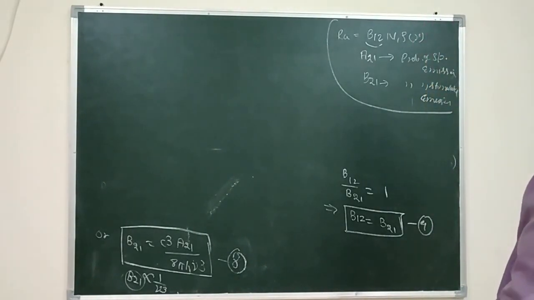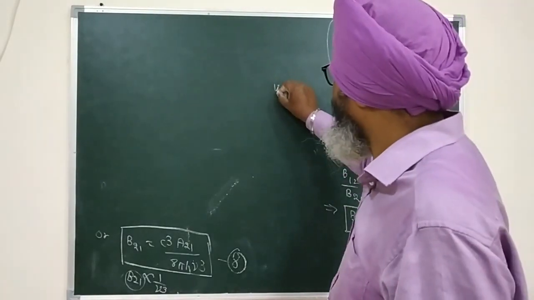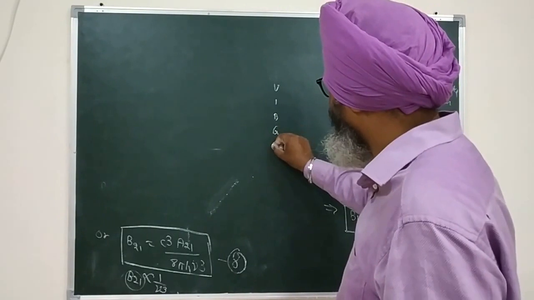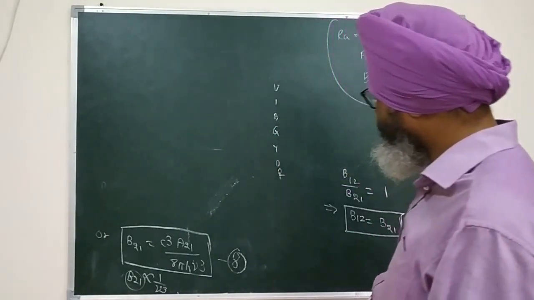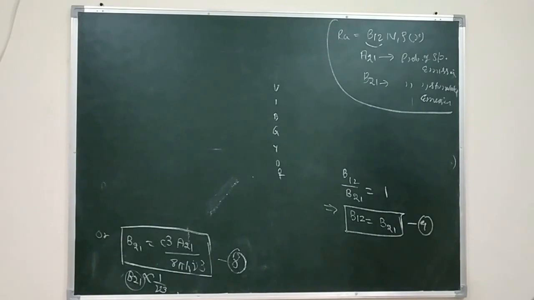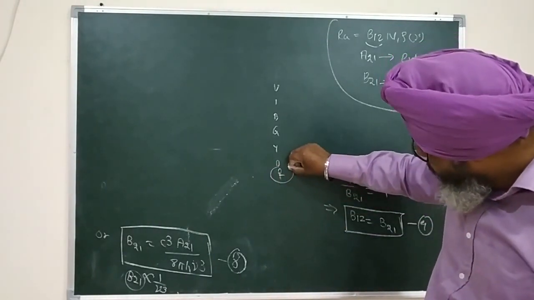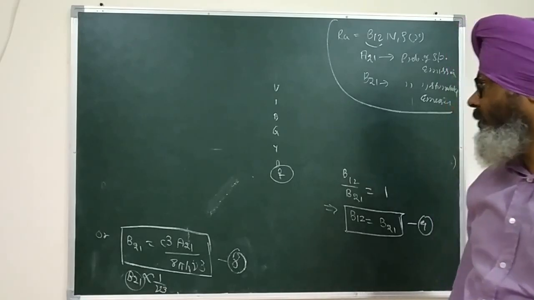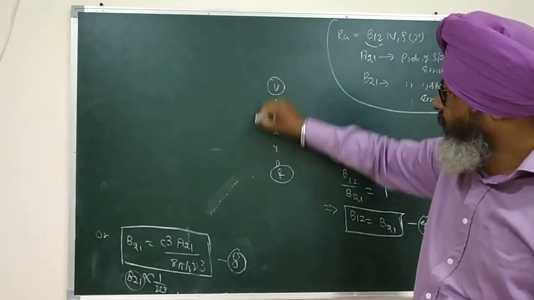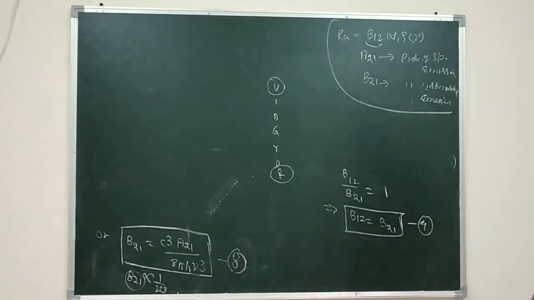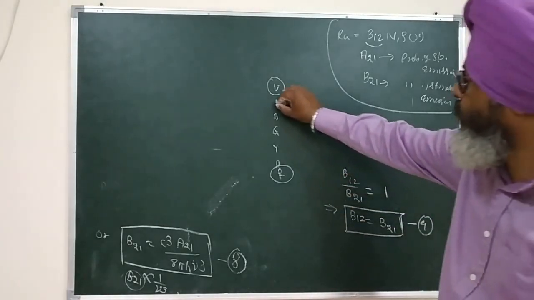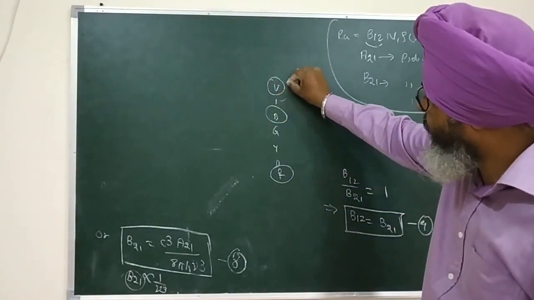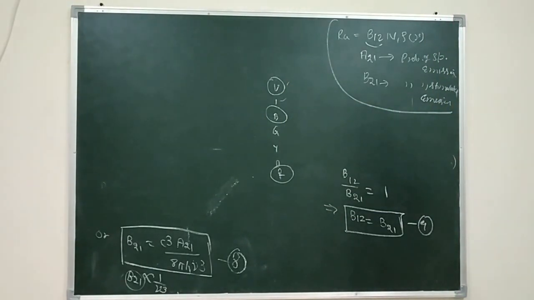Now in the visible range, the colors are written like this: VIBGYOR. So the smallest frequency in the visible range is with the red region, and this is the highest frequency. So for any material it is easier to obtain stimulated emission for the red region as compared to the blue region, because blue is the primary. Instead of talking about violet and indigo, I talk about the blue region.